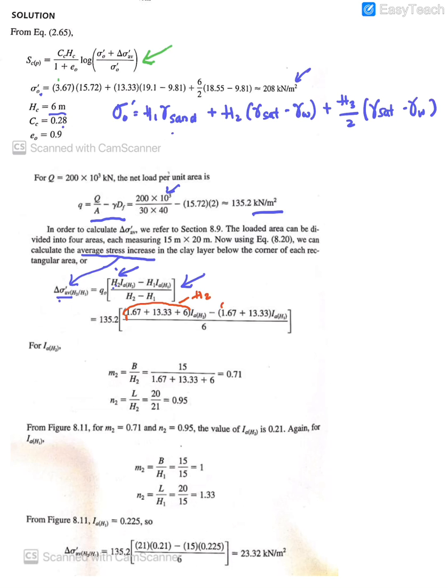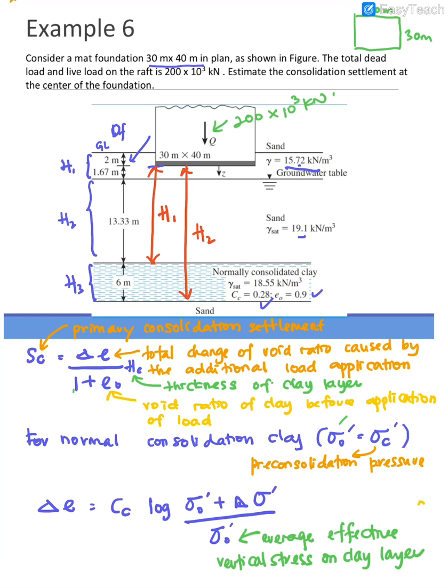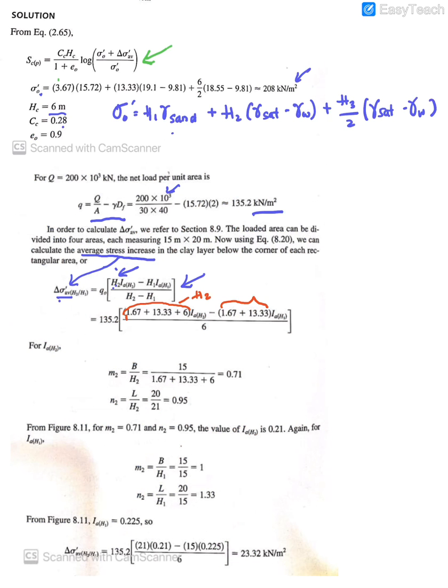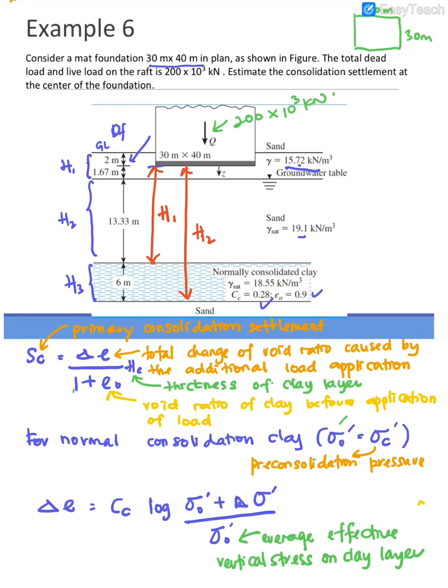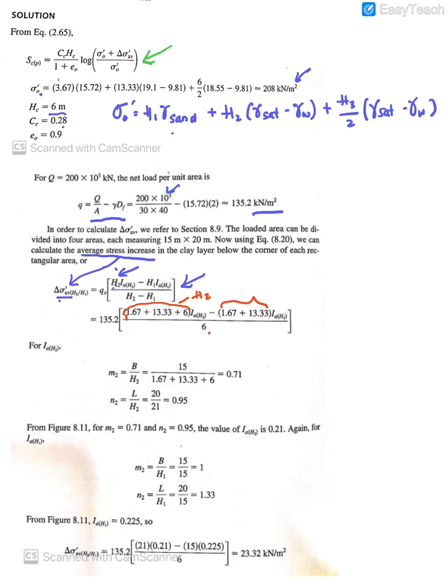And then H1 is 1.67 meter plus 13.33 meter. Right? And then H2 minus H1. So H2 minus H1 is equal to 6.